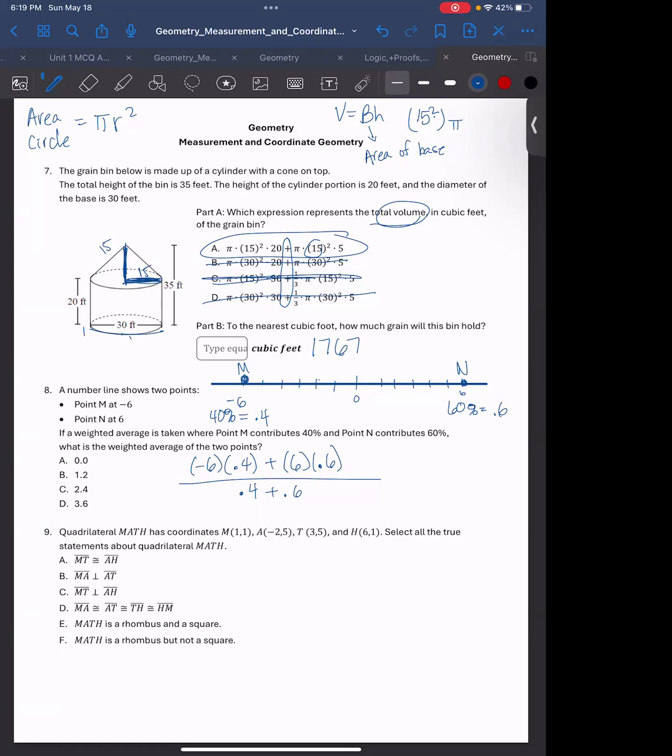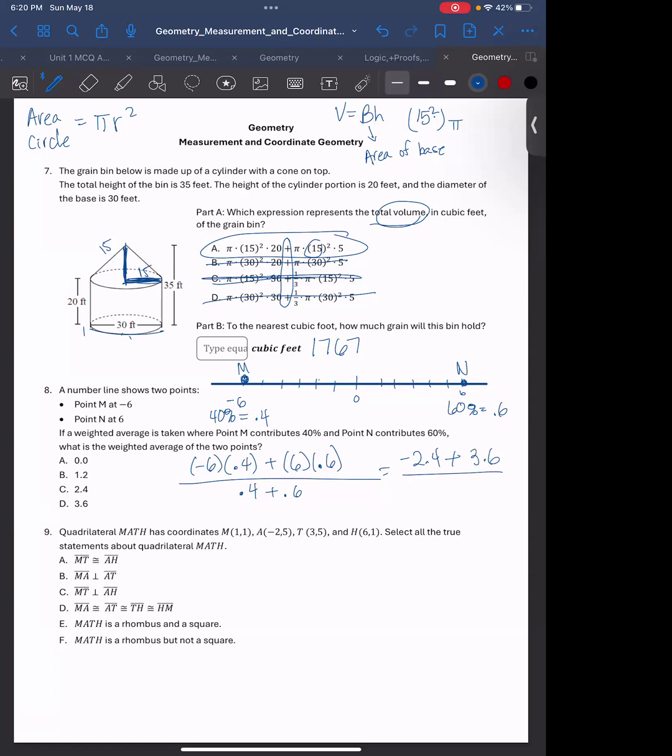Is anybody else struggling? Why are we struggling? What is -6 times 0.4? -2.4. And then 6 times 0.6? 3.6.